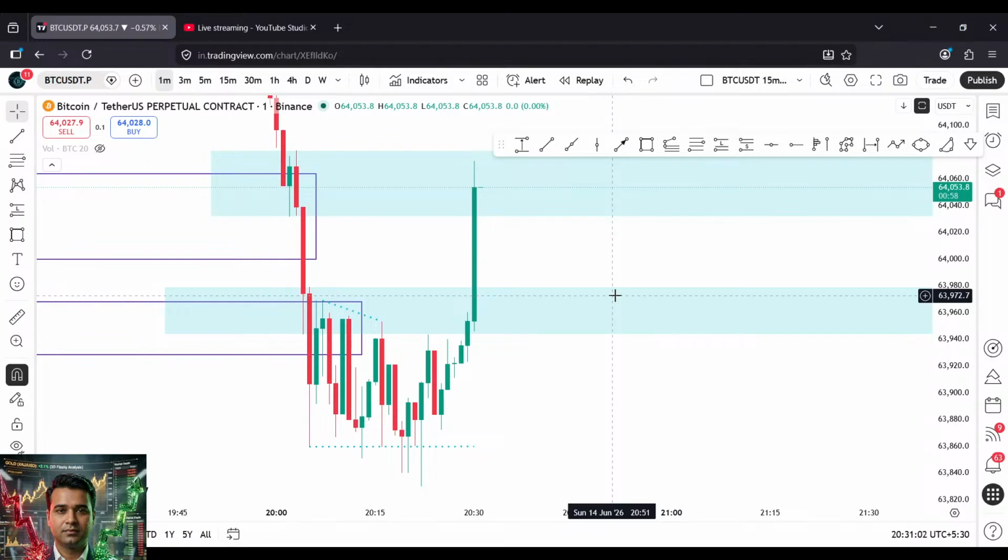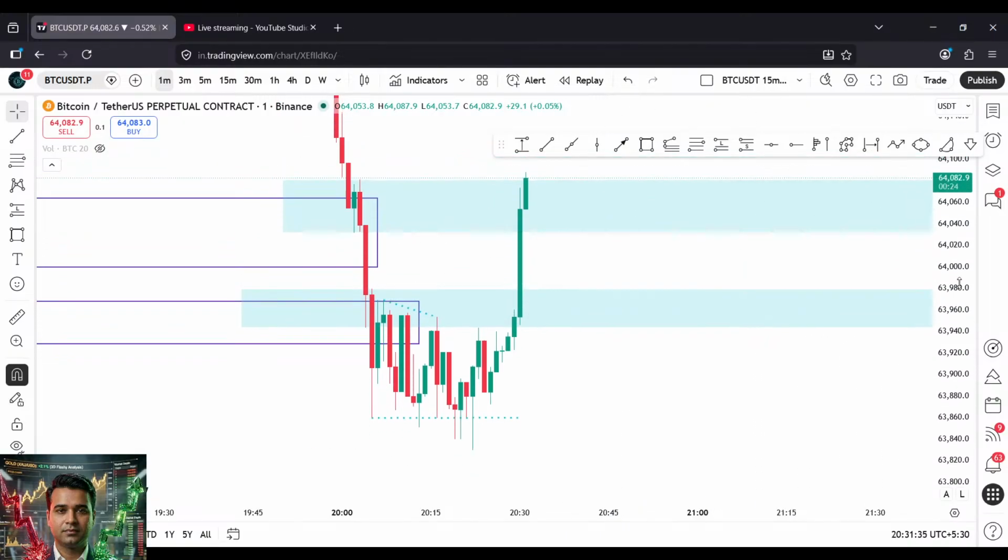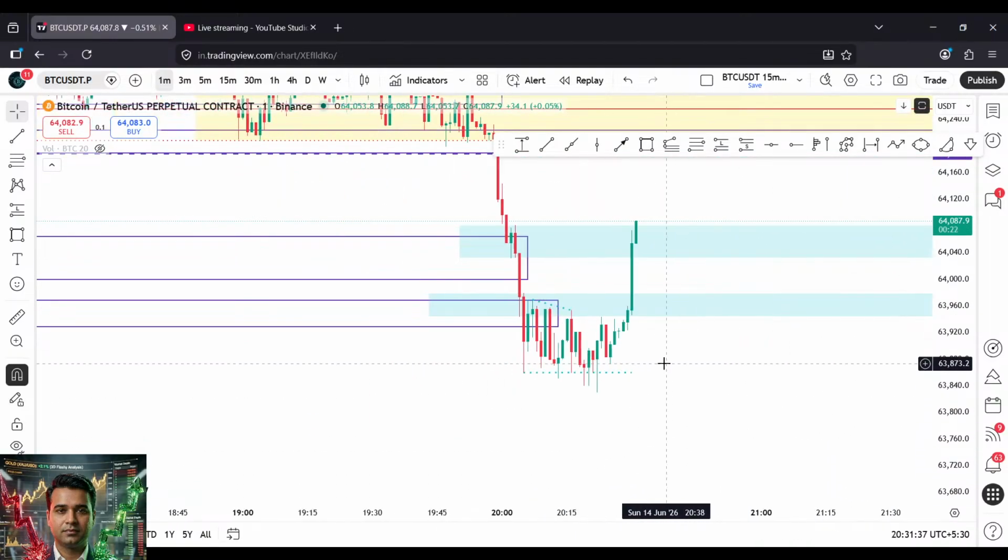The origin of the move to upside should be our zone of interest. It's going up.